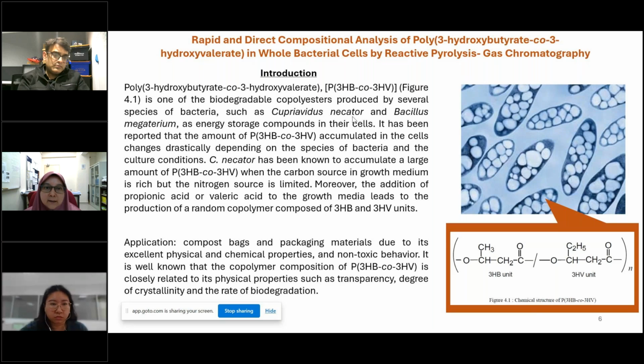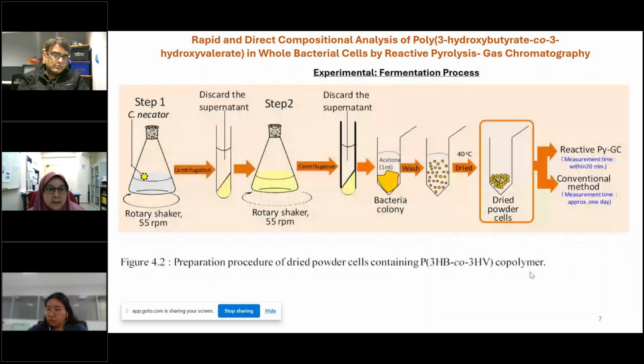We prepare this biopolymer production, then subject the sample to direct detection using Py-GC without any sample extraction or pre-treatment. I will go into detail about the experimental part on this slide.